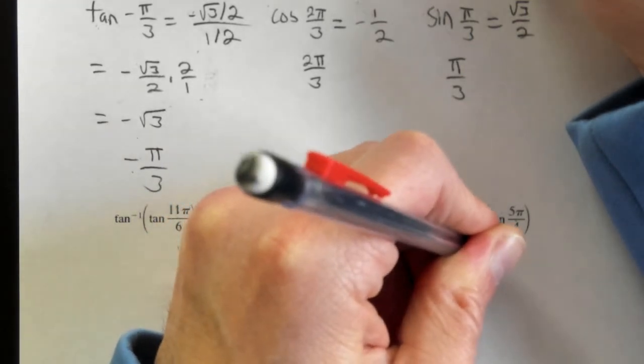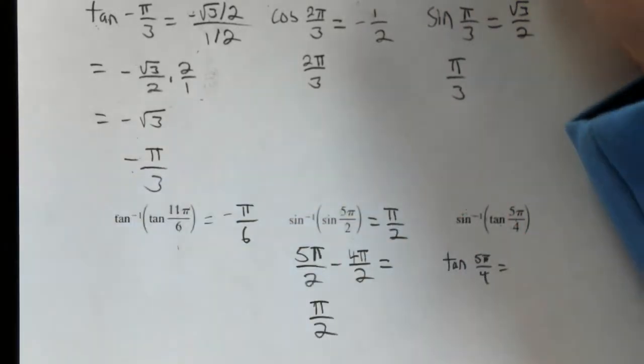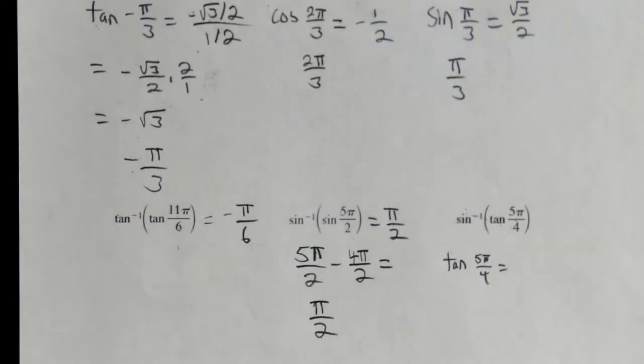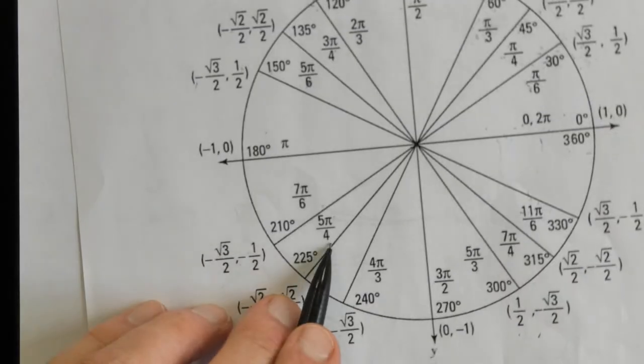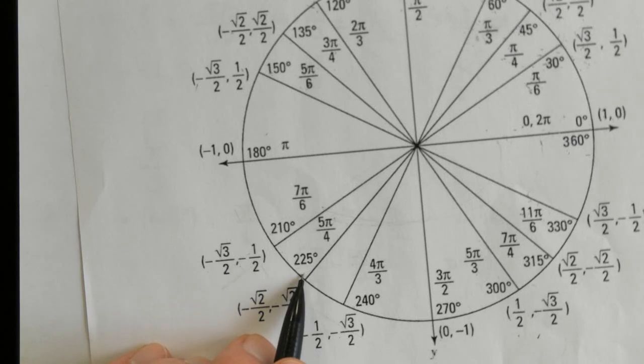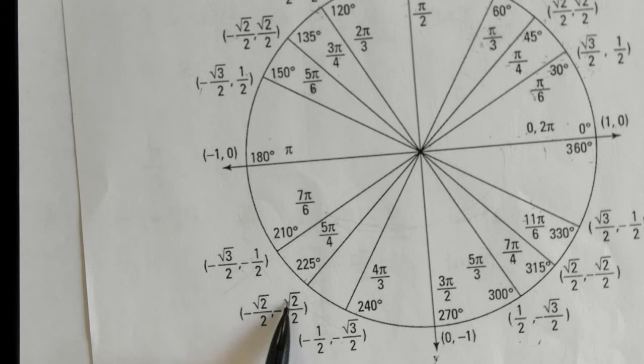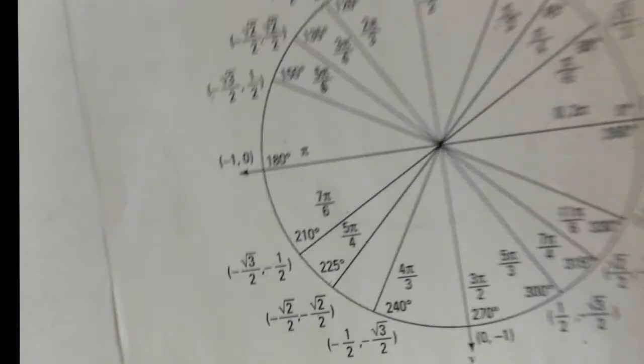Tangent of 5 pi over 4. All right, so let's go through and see what that's equal to. 5 pi over 4 is on my unit circle here at 225 degrees. Tangent is y over x, so that's going to be negative square root of 2 over 2 divided by negative square root of 2 over 2.